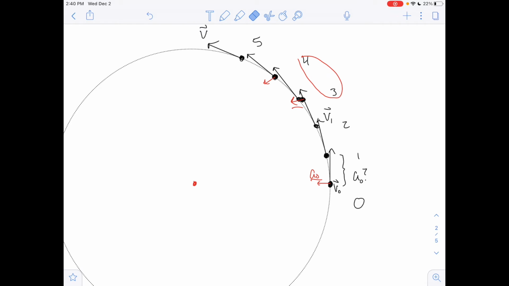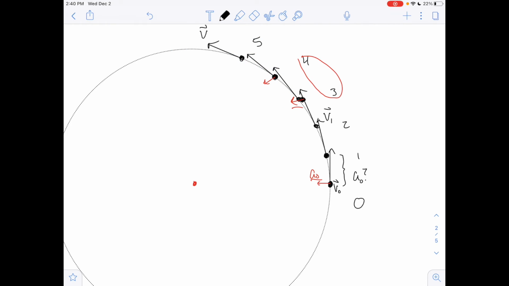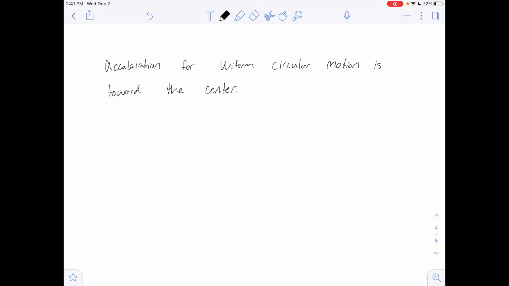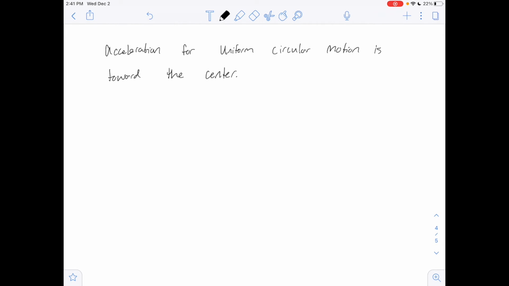But hopefully you can see that the direction for this acceleration is towards the center. So acceleration for uniform circular motion is towards the center, and this is why we call this acceleration centripetal acceleration. And we label it with a C subscript. So A sub C stands for centripetal acceleration.